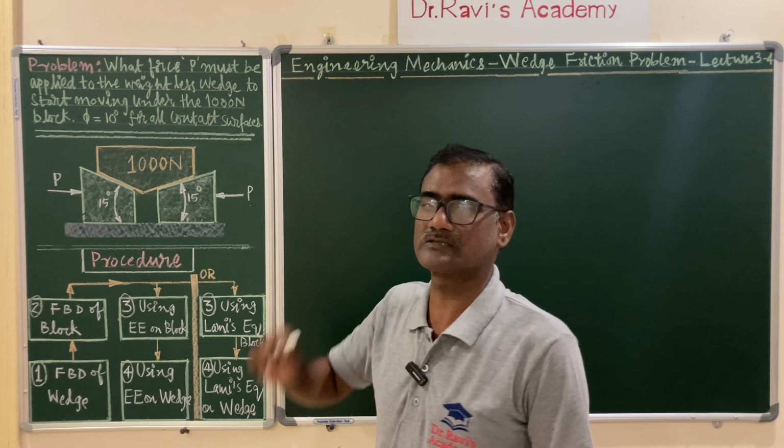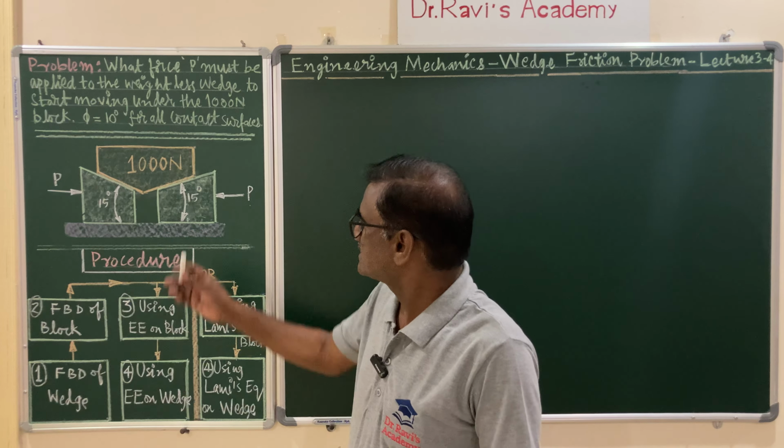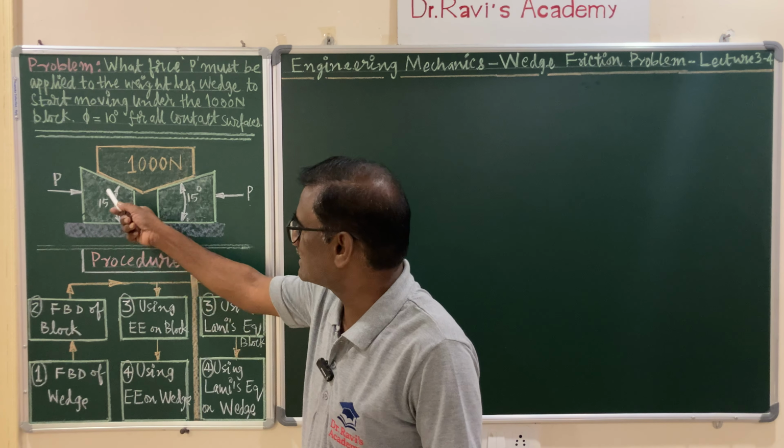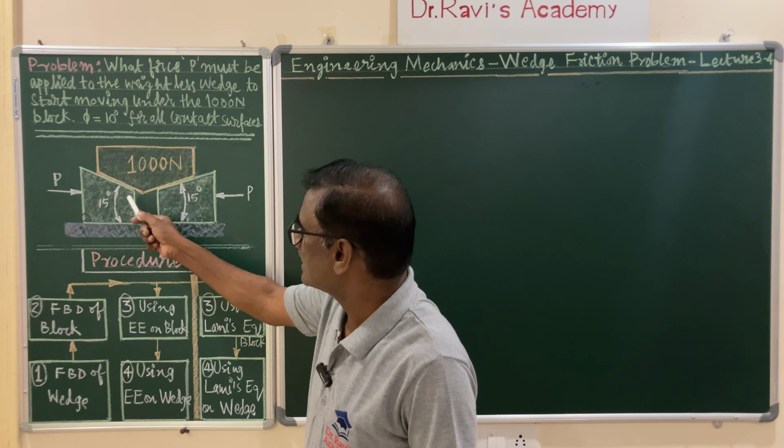So that is the importance of the wedge. Here a weight of 1000 newtons is given, and by applying an external force, this weight is lifted a small vertical distance, and that is the purpose of the wedge.